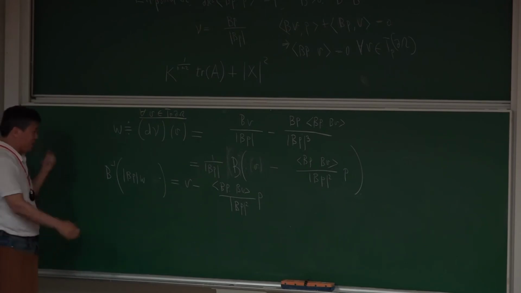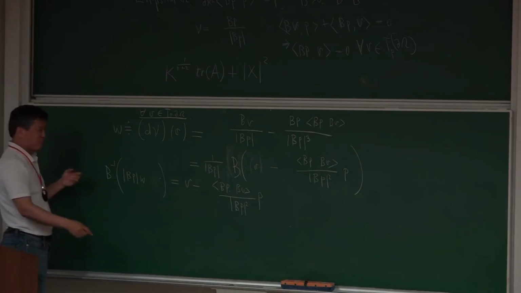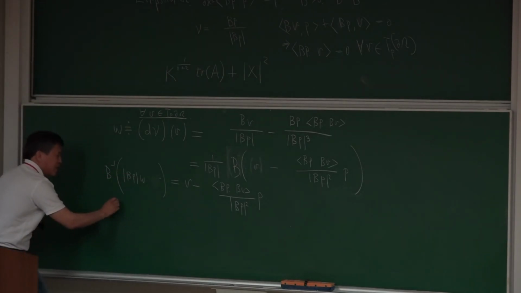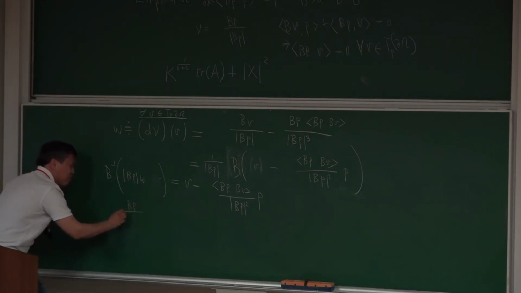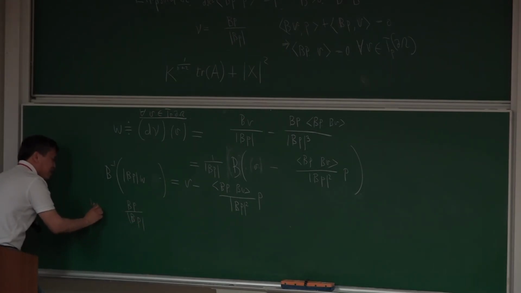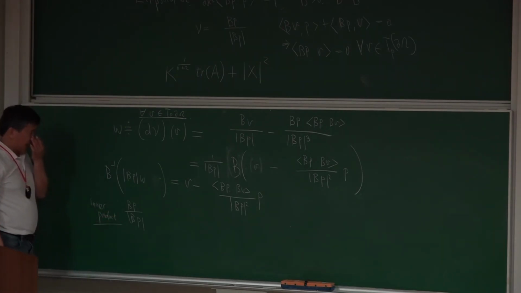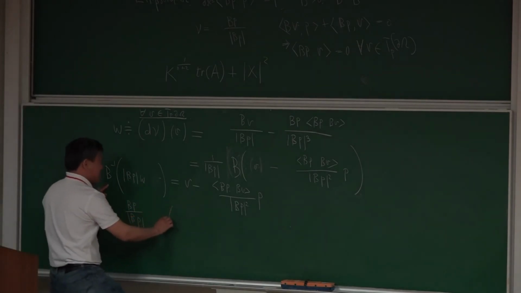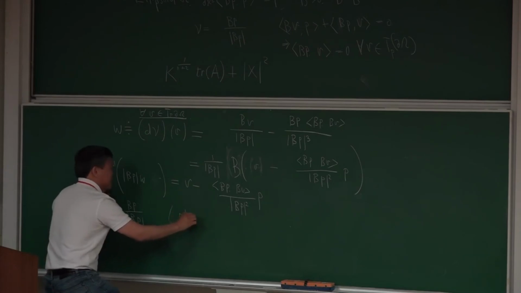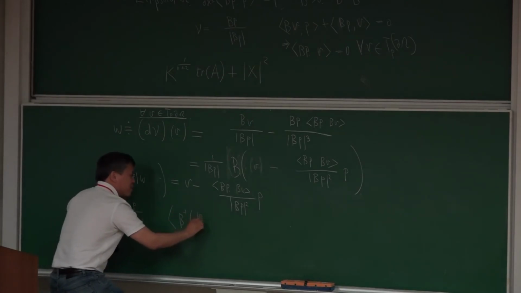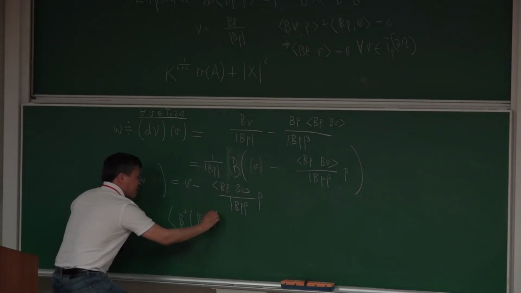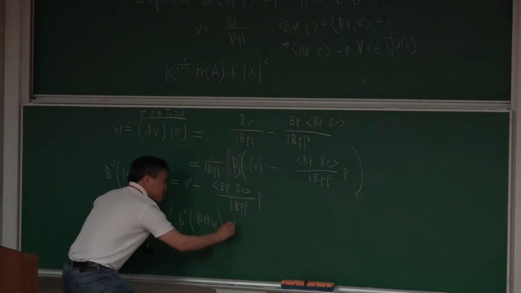Well, you try to take the inner product of both sides with the normal. If you do that, on one hand side you have B inverse BP W, then the normal.